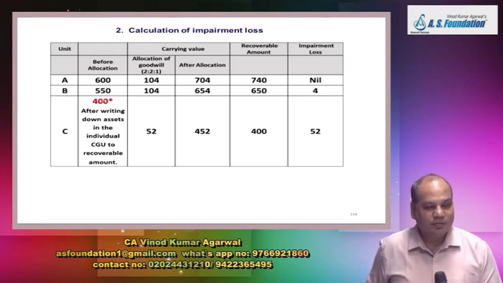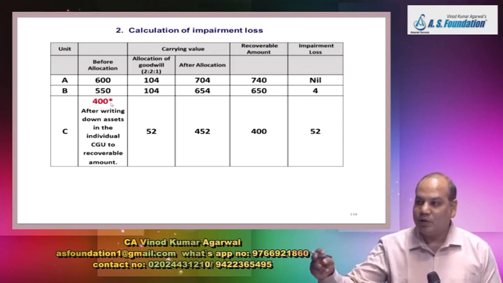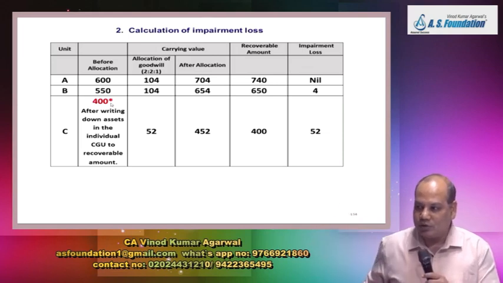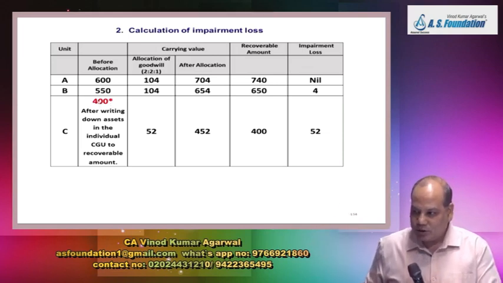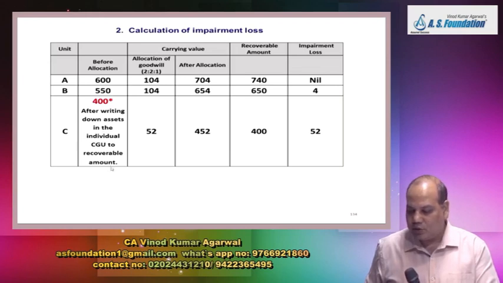What we have learnt, you calculate impairment loss before allocating goodwill first. So 600, 550. Before allocating goodwill only, this is impaired. 400, after writing down the asset in the individual CGU to the recoverable amount. 400 is understandable.